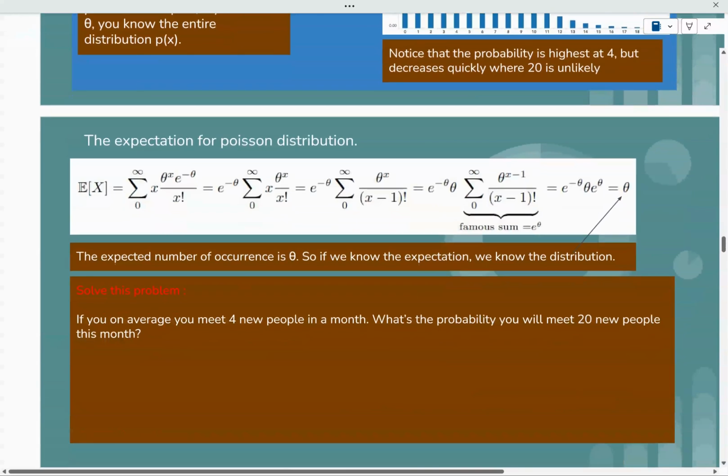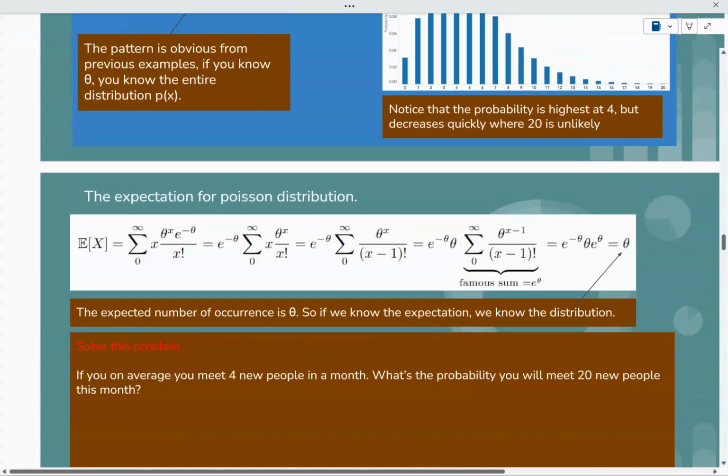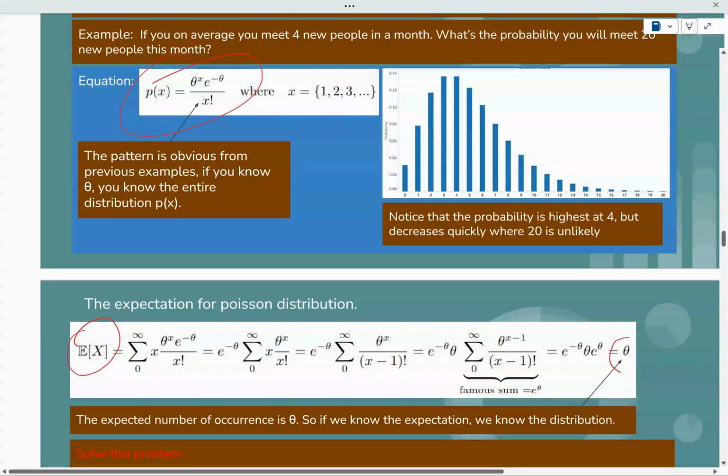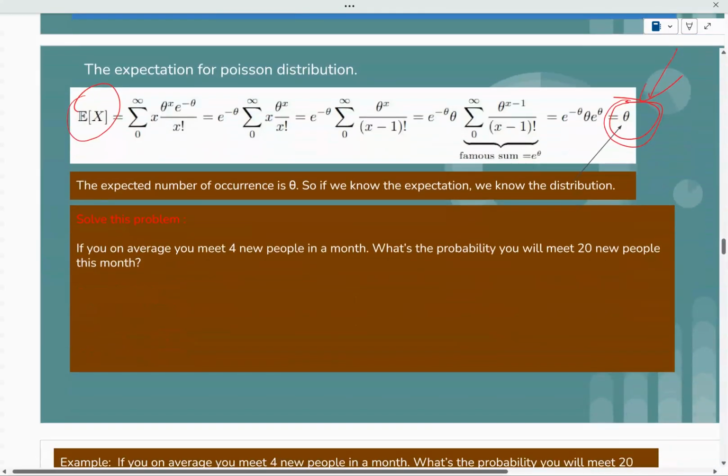Well, it turns out that if you were to find the expectation of this distribution, P of X, the theta is the expectation. So this means that if you just know the average, you can plug the average value in here and you have the equation. So it's pretty easy, right?